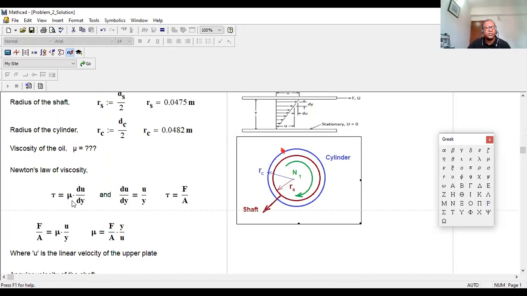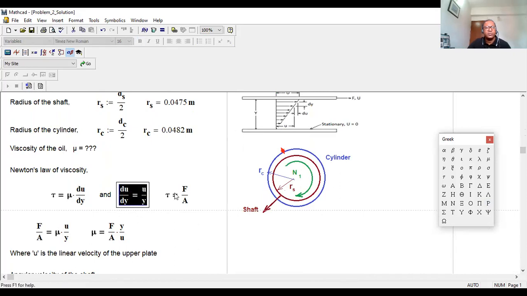This one, tau equal to mu du by dy, and du by dy you can write down like this, or we know tau equal to F by A. So right over here, instead of tau, we put F by A. But what you need to figure out is mu. So mu equal to F by A into y by u.